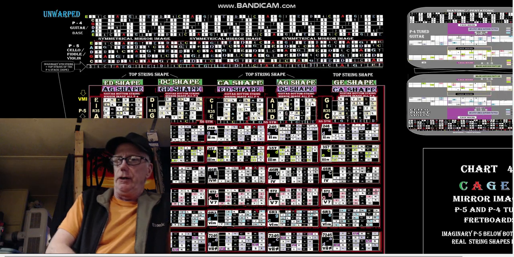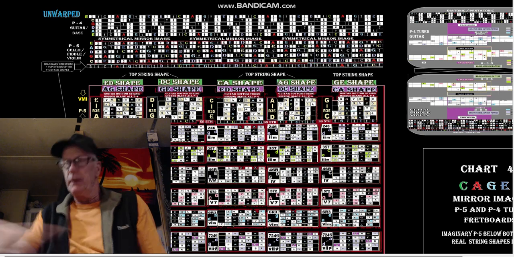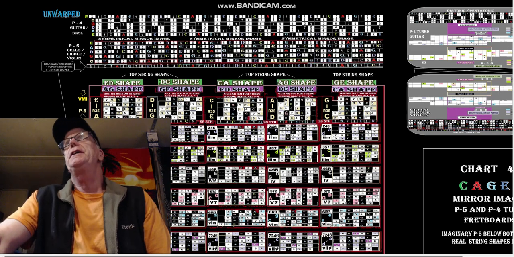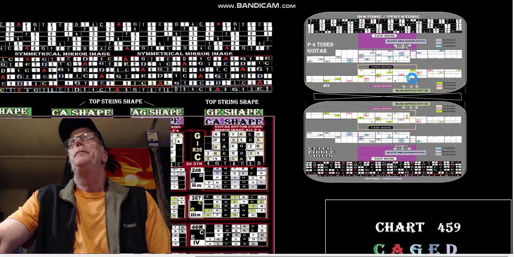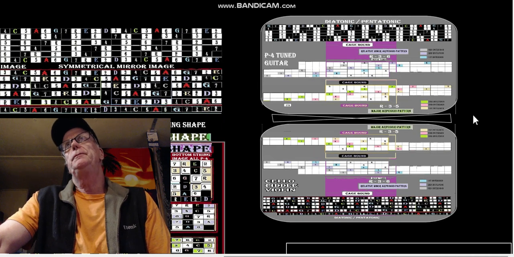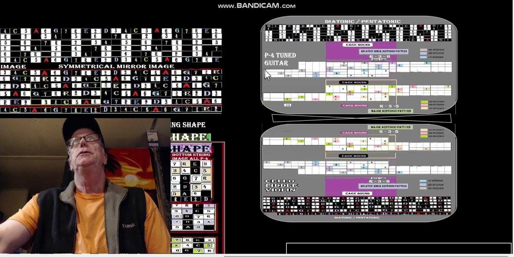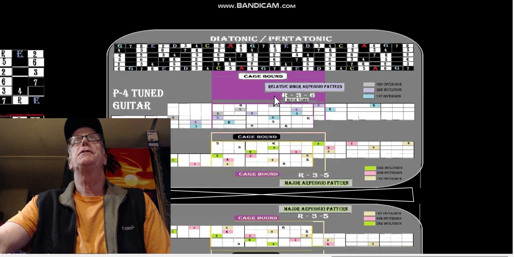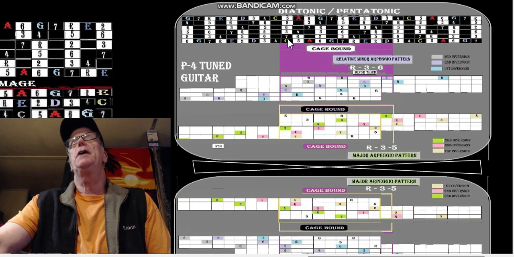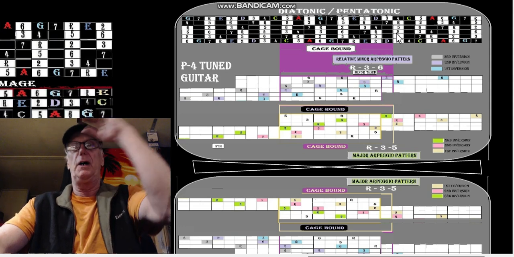Okay, I'm over here now. So let's look at this. Here's the mirror. All right. So this is P4 tune guitar, and here's cello, fiddle, violin tuning. I modified this to show the entire part of the fretboard that we're involved with here.